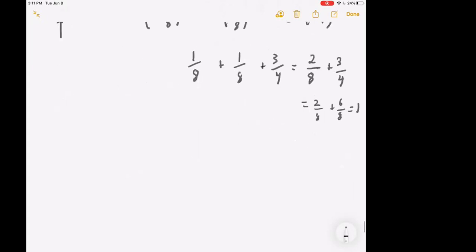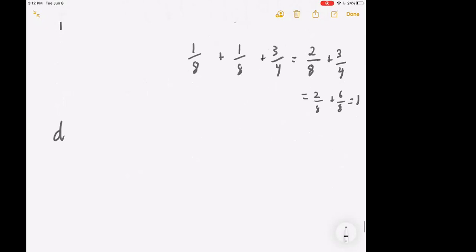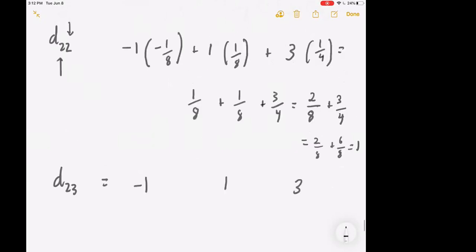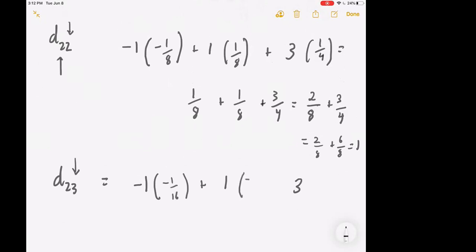The sixth matrix element, again, I stick with the second row of the first matrix. The minus 1, 1, and 3 do not change, but I have the third column of the second matrix. So that's new data. So that's minus 1 over 16. That's minus 7 over 16.